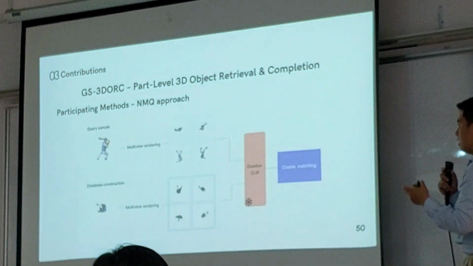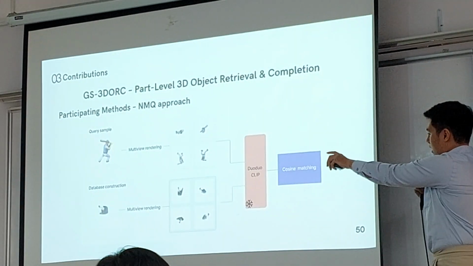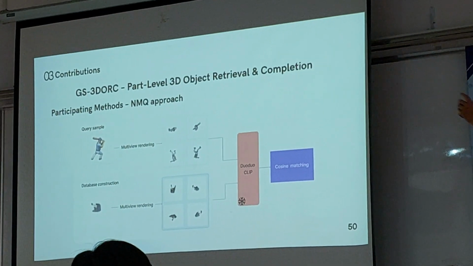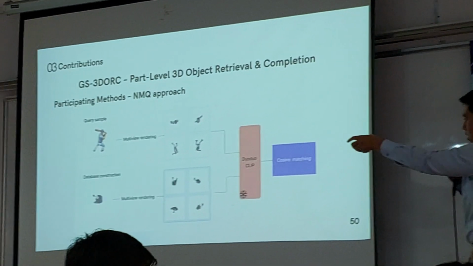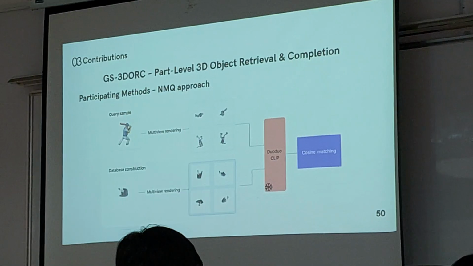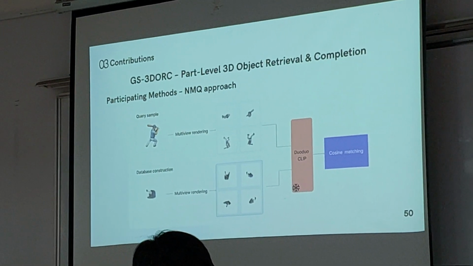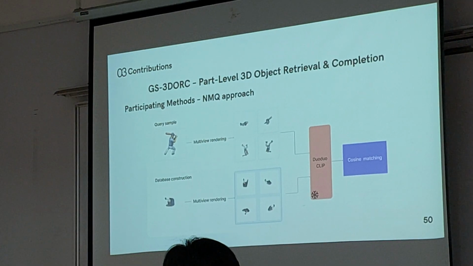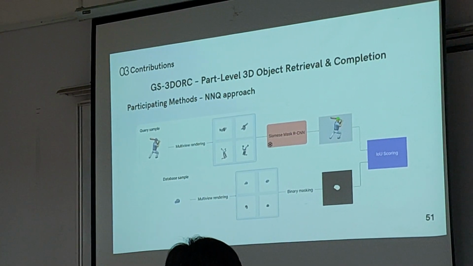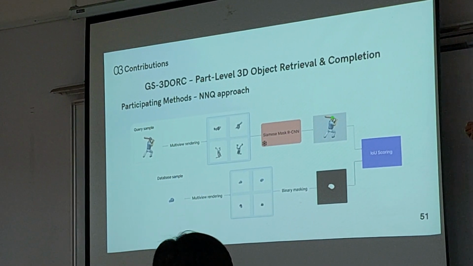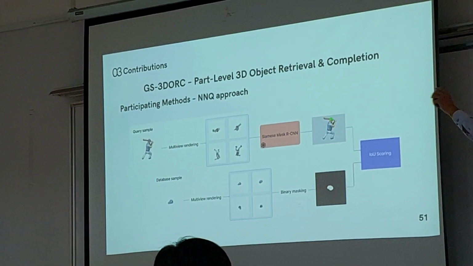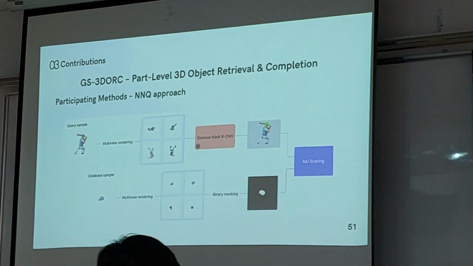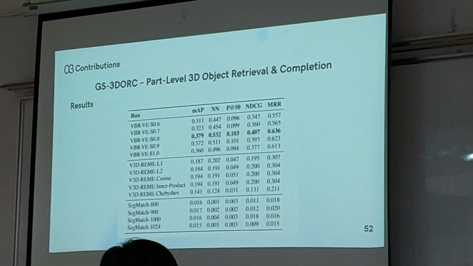Another approach, from team NMQ, directly compares the embeddings of the complete 3D Gaussian models with the Gaussian models of the parts using Doodle CLIP, which is a CLIP model for learning features from neural scene representations. The third team proposed comparing the complete object and the parts based on the binary masking of each of the parts within the object.